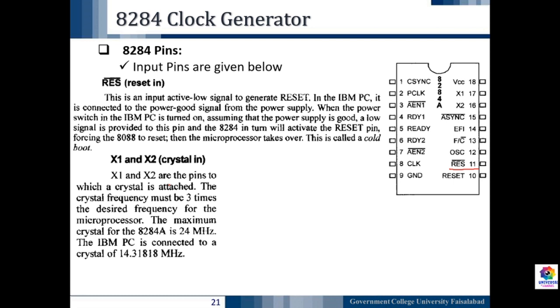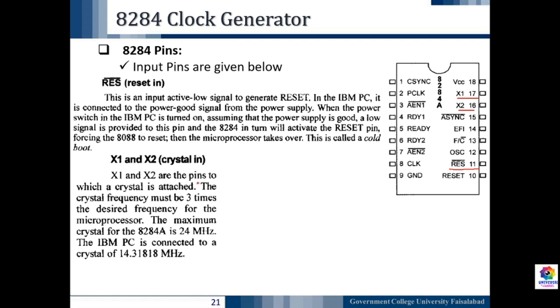Now the next two pins are X1 and X2, which are known as the crystal input pins. These are pin number 16 and pin number 17, X1 and X2, active high input pins.